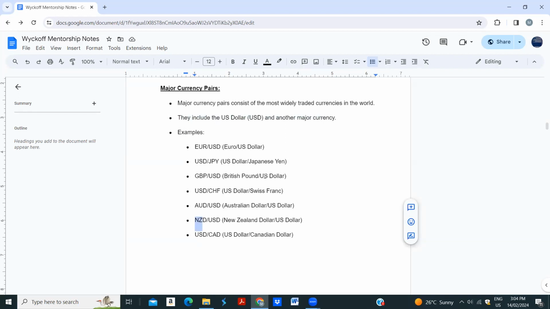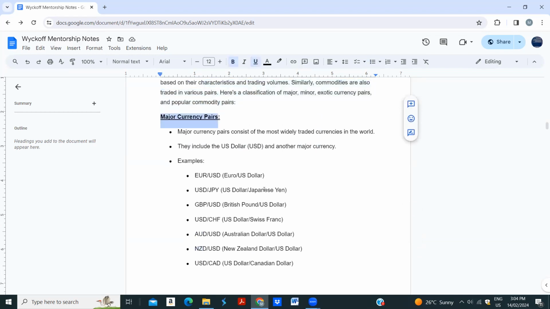Okay, and when we are trading these currencies, we are actually trading the major currency pairs. Now, how to understand this? Once you see this currency list, Euro US dollar, USD JPY, GBP US dollar, USD CHF, AUD USD, New Zealand dollar US dollar, US dollar CAD, you notice one thing: each of these major currency pairs is tied with the US dollar.